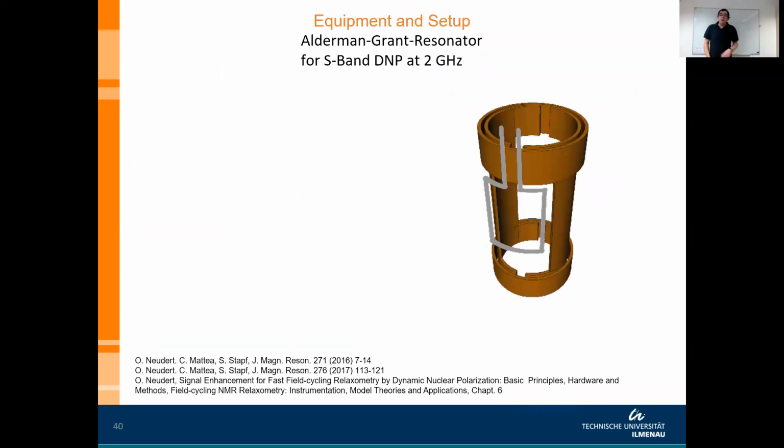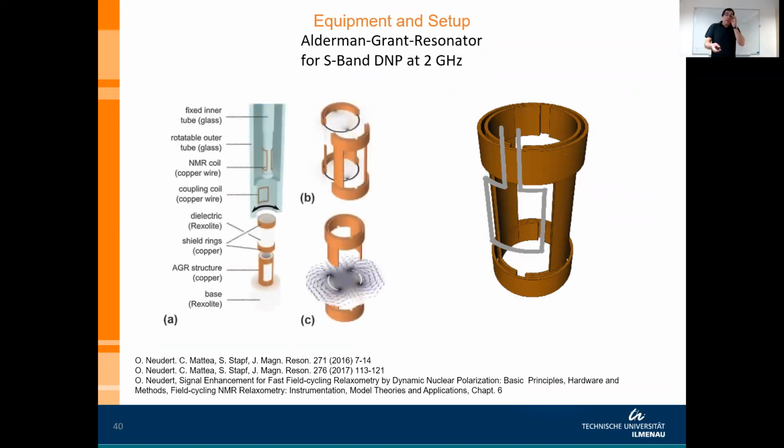Well, the resonators, we have two resonators for two different frequencies. One is S band at 2 GHz. That is described basically here graphically, where in a resonator, basically you want in the volume of interest pure magnetic field, and then zero electrical field.